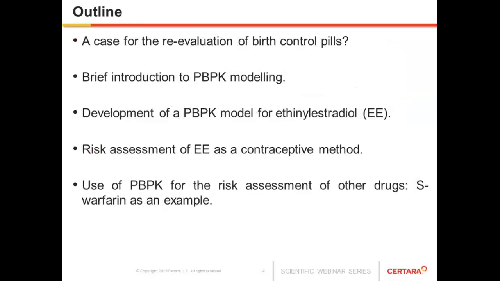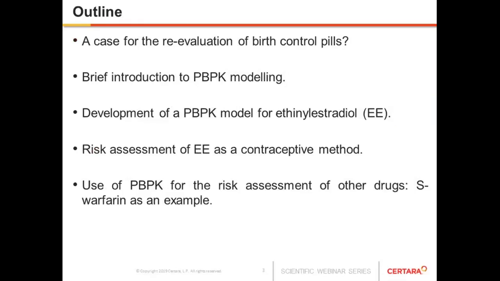A brief outline of my talk. I'm going to start from the beginning of the story. So why did we decide to reevaluate birth control pills? Then after that, I'm going to give you a brief introduction about PBPK modeling for those who are not familiar with PBPK modeling at all. Then I'm going to talk you through the process that we used in developing a PBPK model for ethinylestradiol.